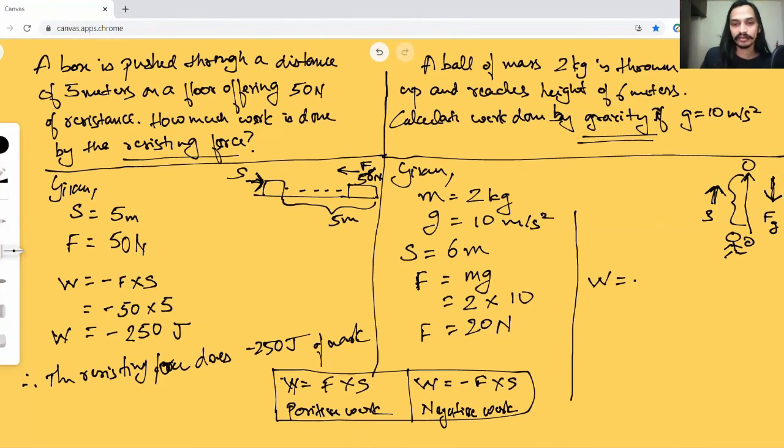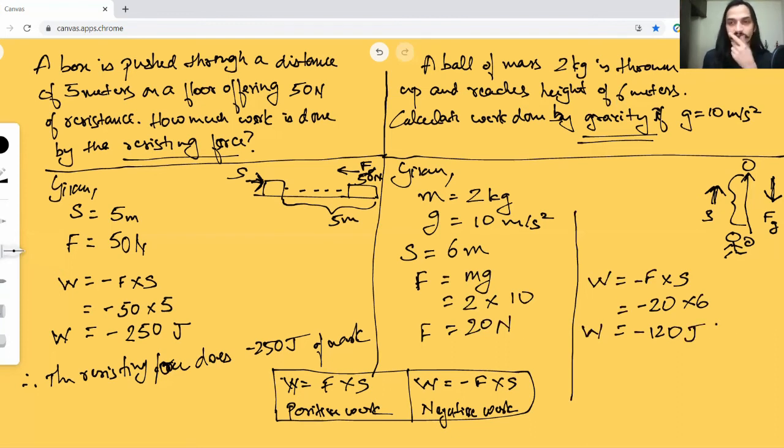Work equals minus force into displacement, right? That is minus 20 into displacement, which is 6. So 2 sixes are 12, so it is 120, minus 120. The work done is minus 120, the unit being J, joules.